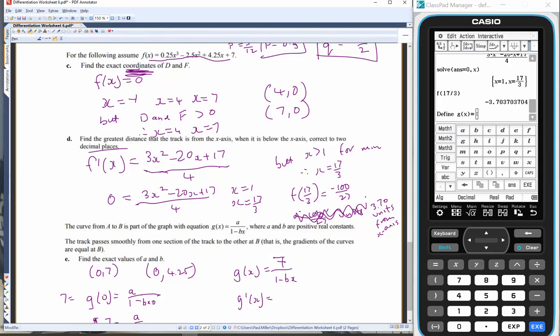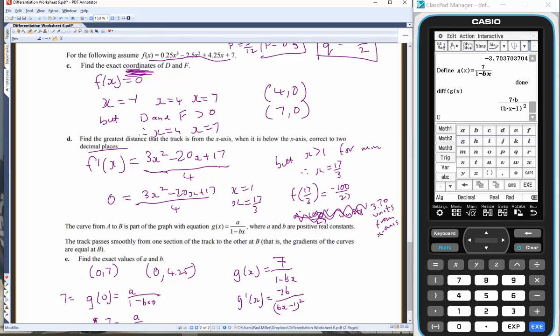So we're going to go 7 over 1 take bx. Okay, let's diff it. Diff g of x is, I'm writing at the bottom of the pen there, 7b over bx take 1 all squared.